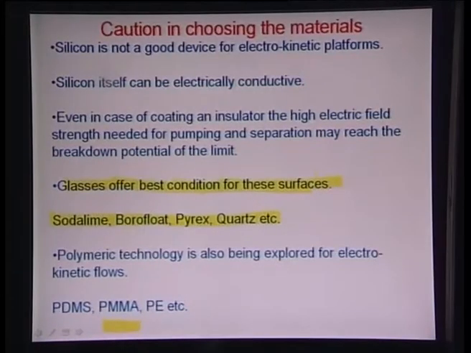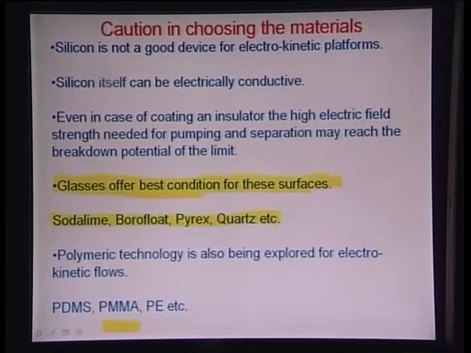On the other hand, glasses do offer a pretty good surface for exploring such kinds of flows. There are different types of glasses: soda lime, borofloat, pyrex, quartz, etc. Glasses offer better conditions in comparison to silicon, and one of the reasons is that glass is a better insulator than silicon.